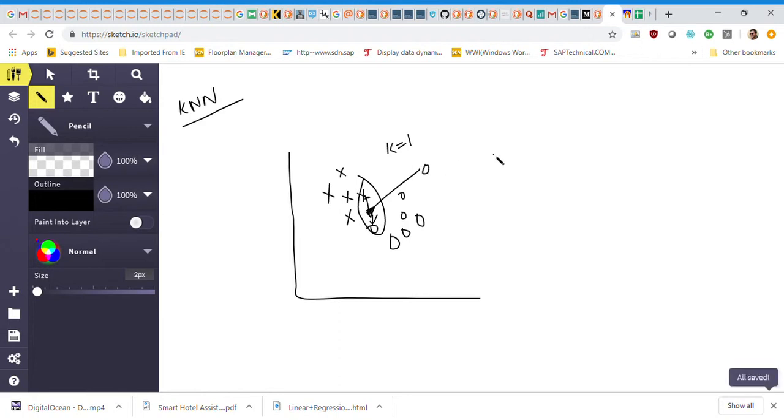Understand? So suppose I change the value of k to 3, so what it will do is try to map with all the nearest distances where k equals 3.